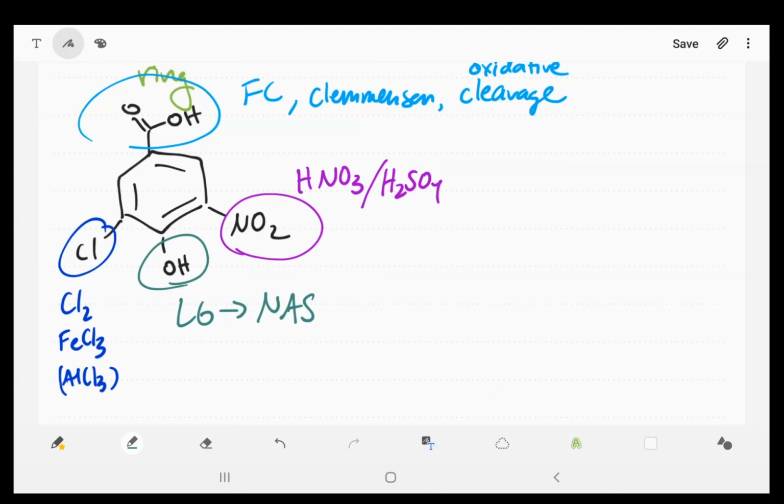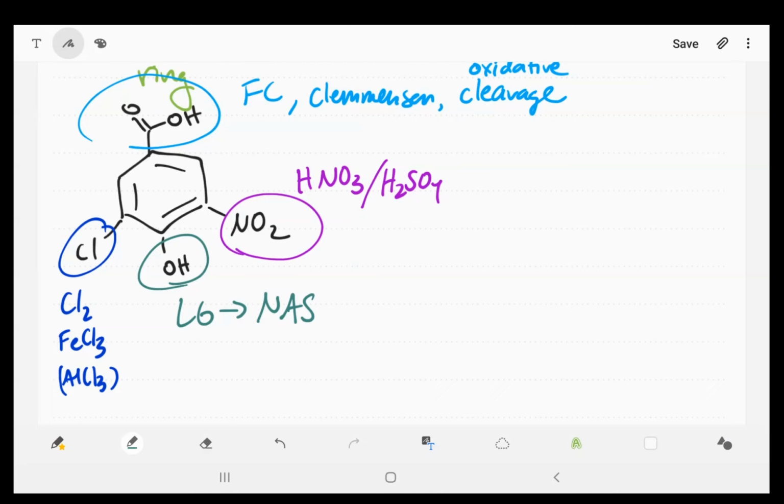So now that we've looked at these, what are we thinking? What should we do first here? The one that has the strongest activator. Strongest activator, okay. Which one do you think that's going to be? Is it the NO2?